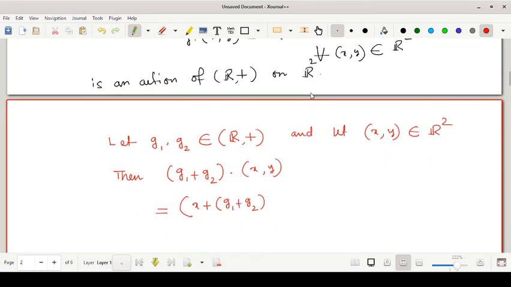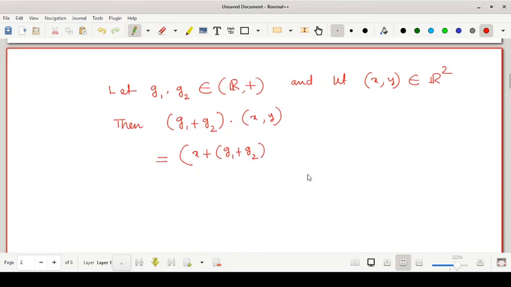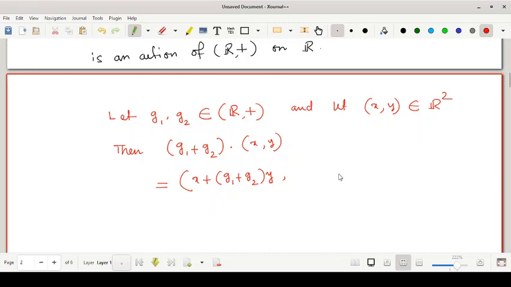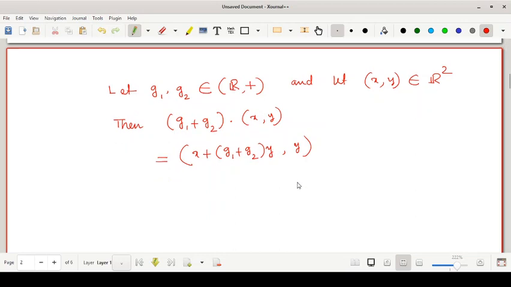This is multiplication in R. Now the group is known to us. We know what operations are possible there. I want to show that this is the same as the action of g1 on g2 dot (x, y).